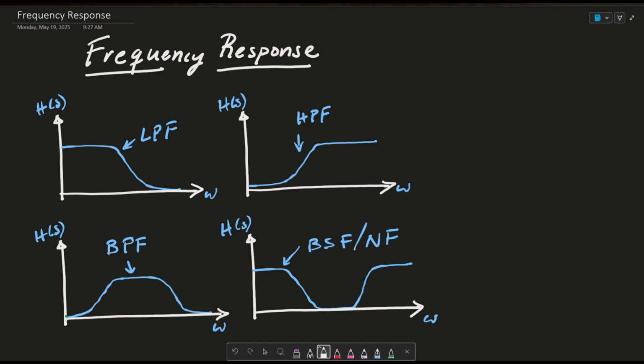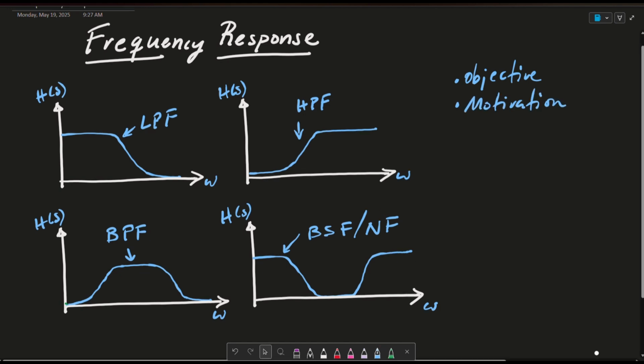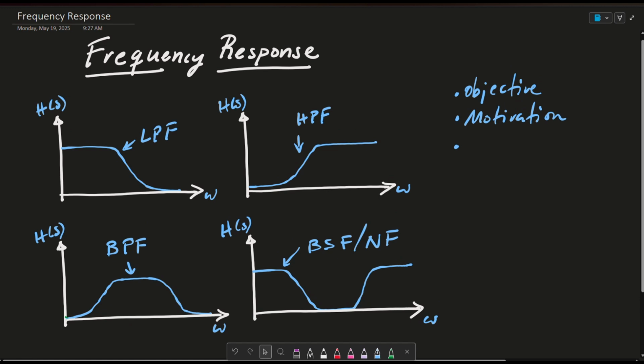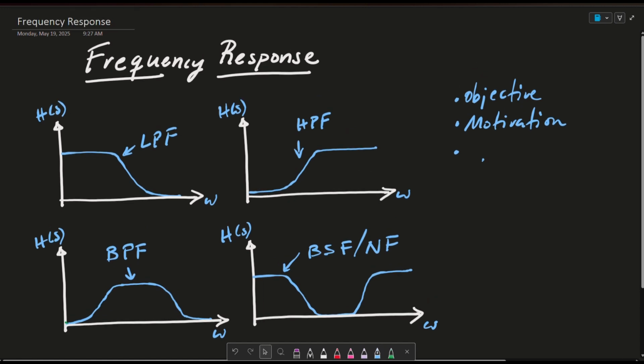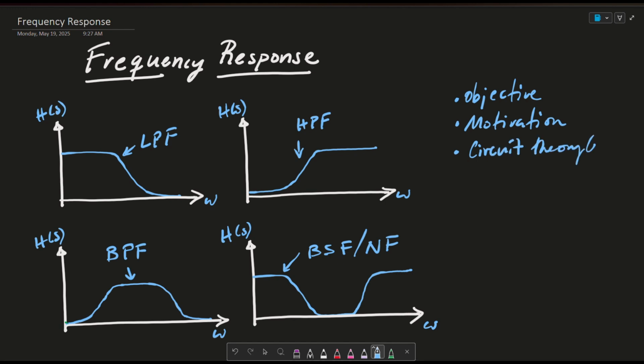Specifically, we're going to talk about the objective of frequency response, the motivation for it, and dive into a little bit of circuit theory concepts. These concepts are just going to show us why we need the frequency domain and what it's used for.